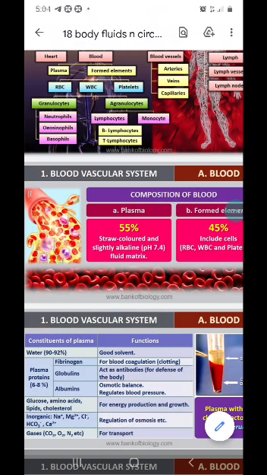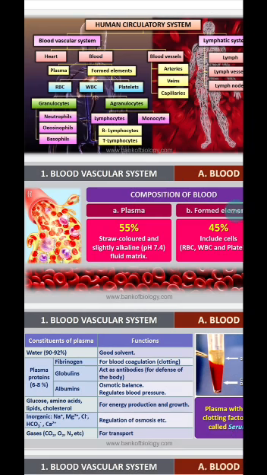Now coming to the composition of blood, you know that blood is made up of 55% plasma and the remaining 45% is the formed elements, right? Now coming to plasma, it is mainly made up of water, which constitutes nearly 90 to 92%. In this liquid you find many dissolved gases and nutrients, which get passed through the blood.